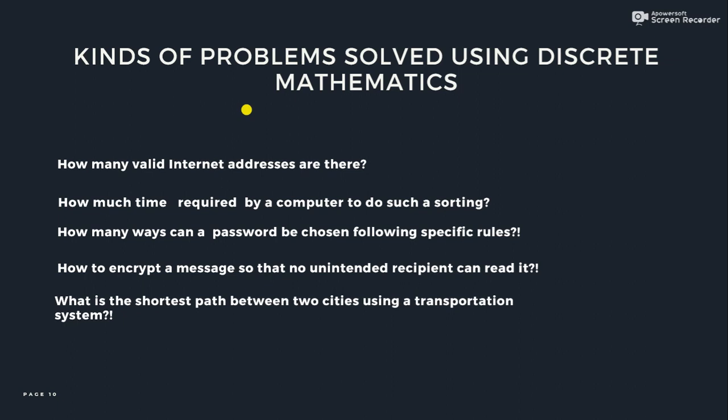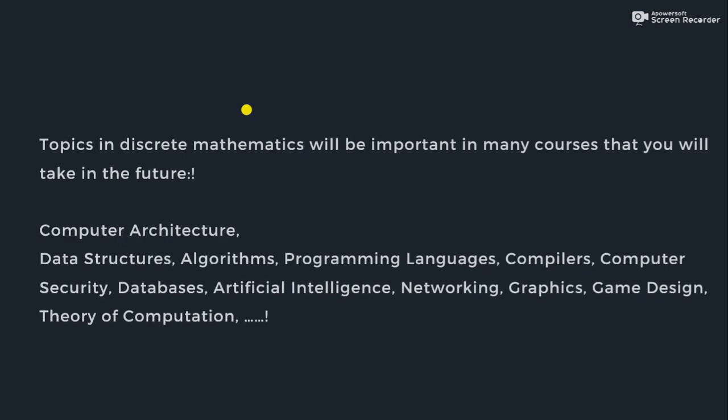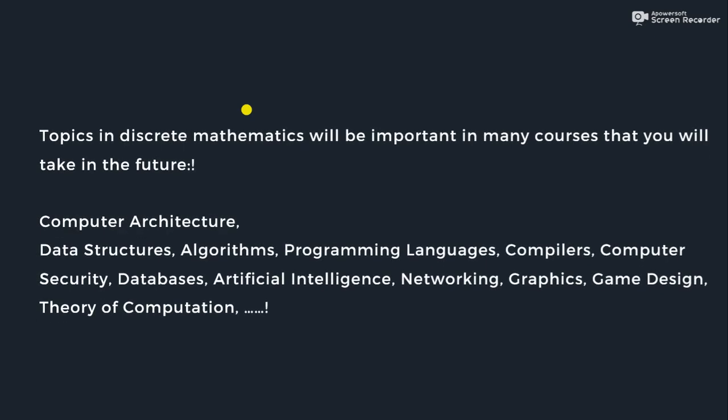And discrete mathematics is a very important subject as far as computer science is concerned. The topics in discrete mathematics will be important in many cases that we will take in our future.